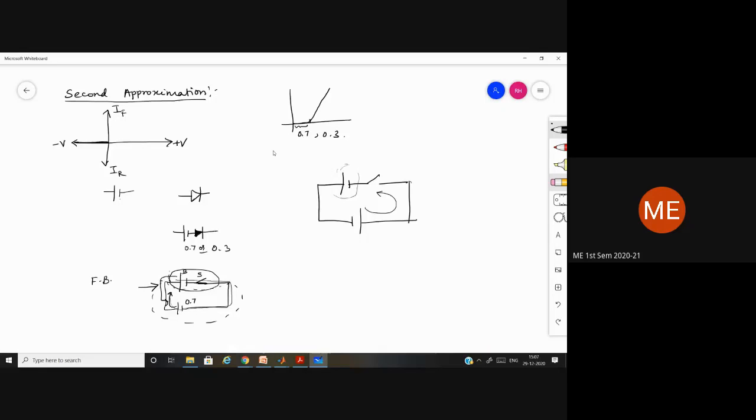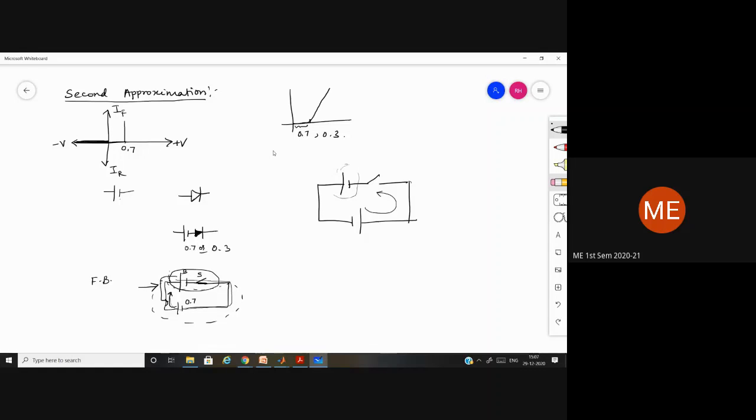There is no current, so they assume that for whatever negative voltage, that is reverse voltage, you supply, the current will be zero. But on the positive side, when your input voltage becomes greater than 0.7, the current starts increasing.